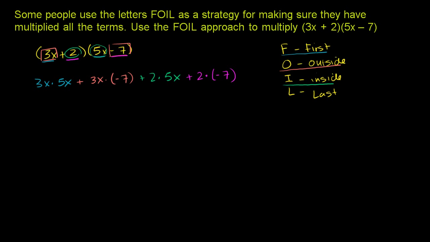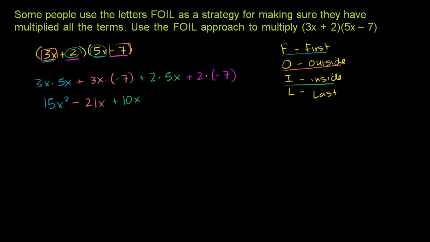And we end up getting 3x times 5x is 15x squared, minus, because there's going to be a negative sign here. So 3x times negative 7 is negative 21x. And then we have 2 times 5x, which is plus 10x.